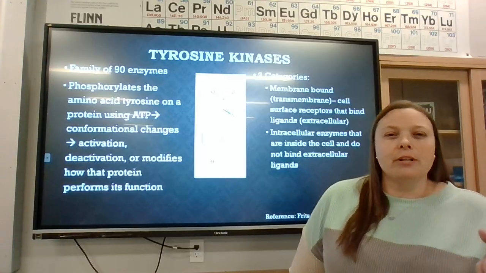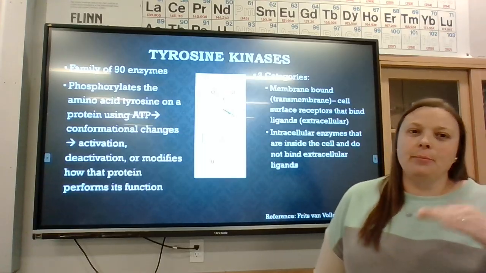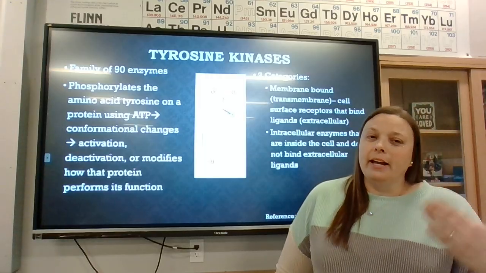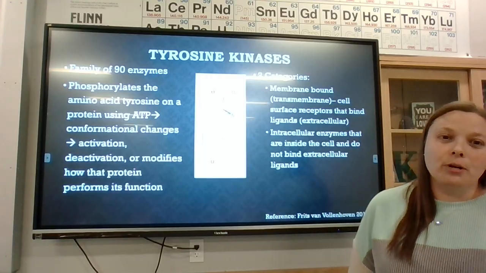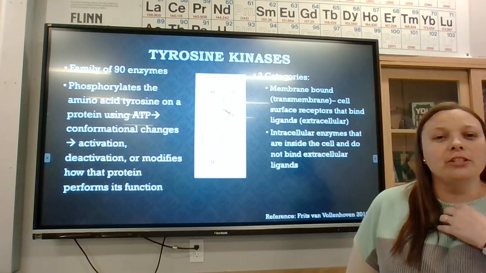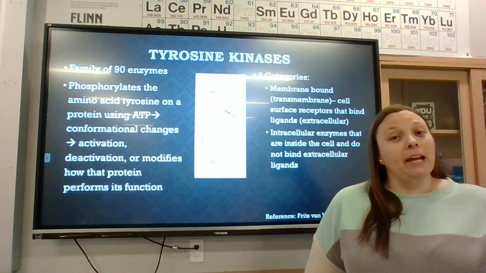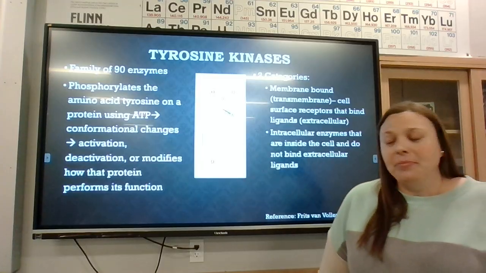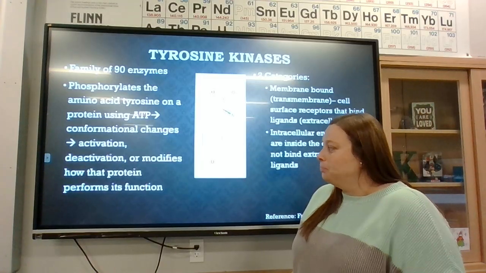And that's really interesting for this enzyme because part of it is outside of the cell, and it spans its way through the membrane, and then part of it is inside the cell. And so those conformational changes based on what's happening outside the cell have an effect on the inside as well. And so that's really interesting.